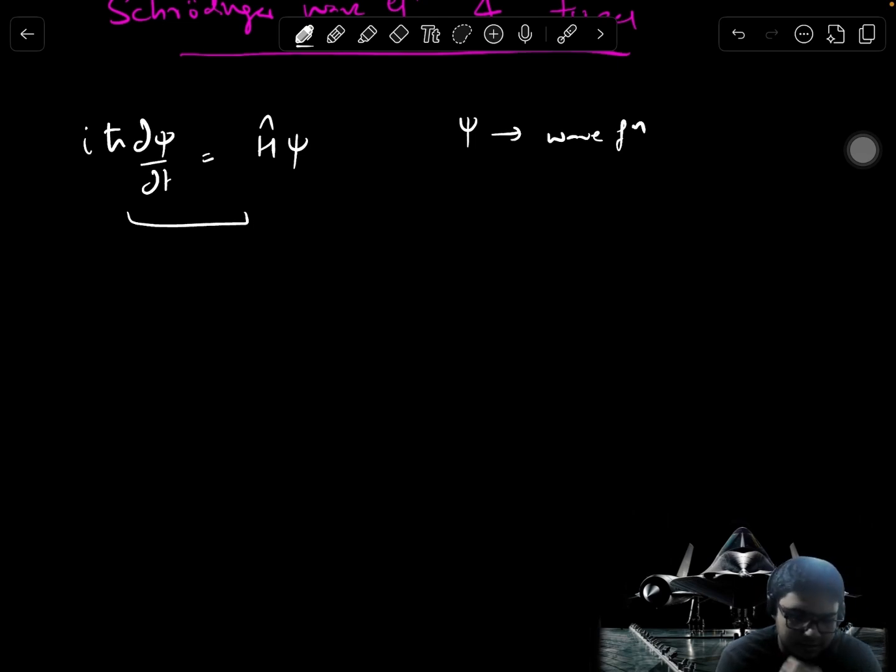So the h cross basically is the reduced Planck's constant, which is the original Planck's constant, 6.626 into 10 power minus 34, divided by 2 pi. The h is the Hamiltonian. This is the reduced Planck's constant h over 2 pi.